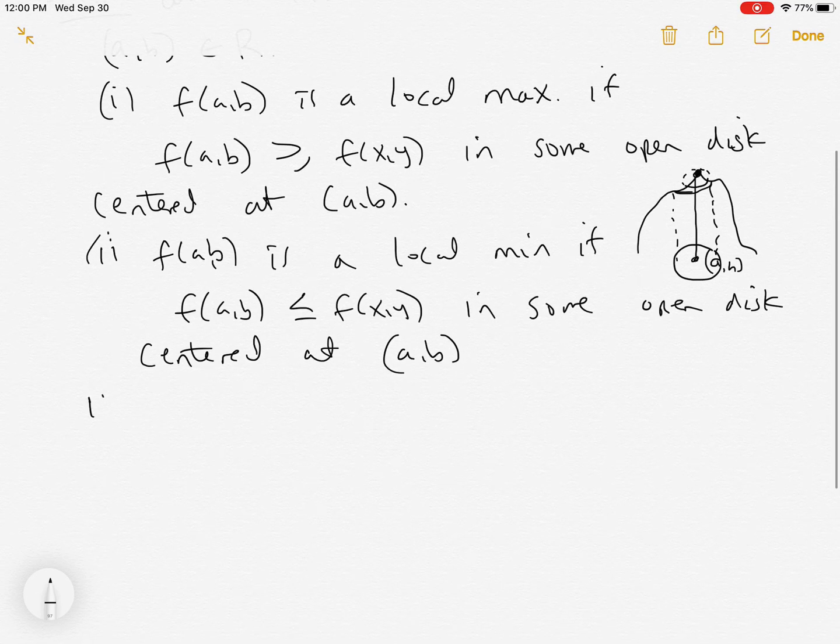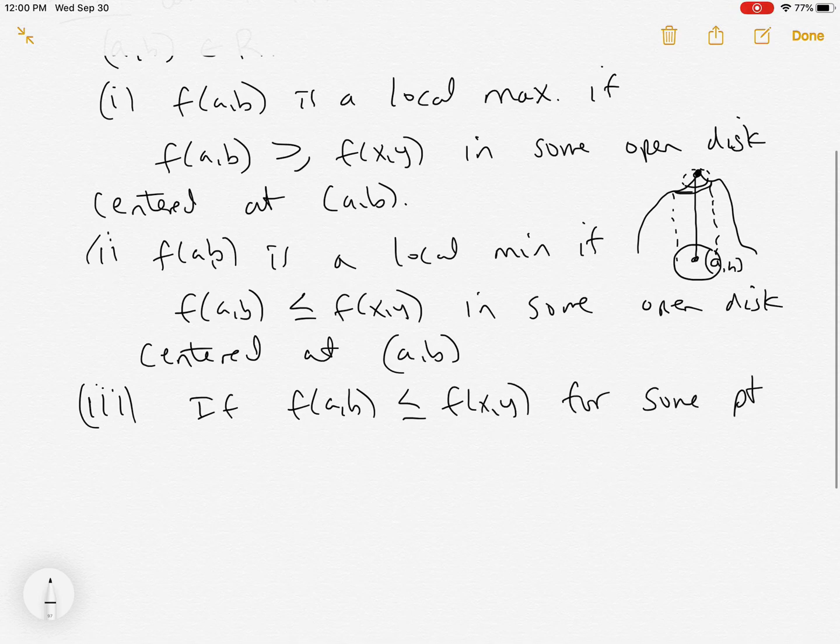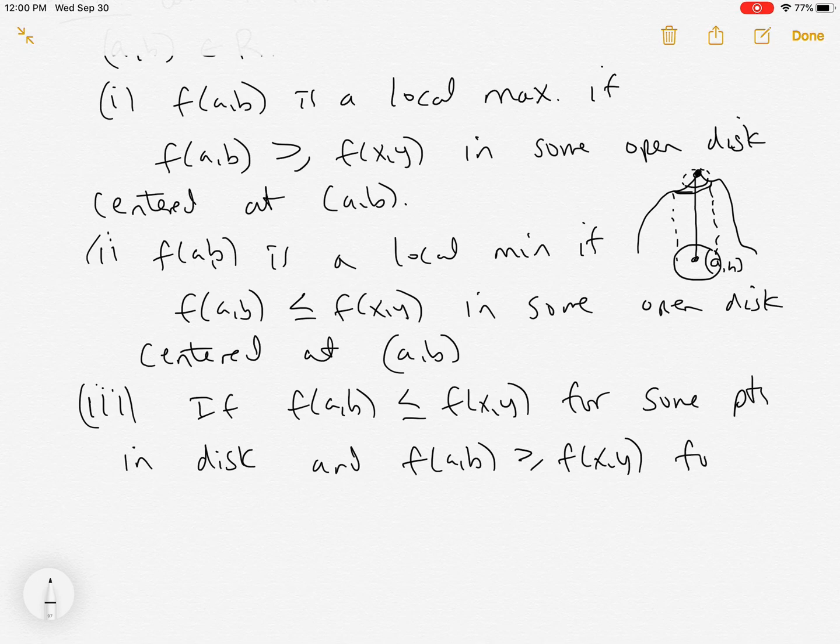And so 3, if f of (a, b) is less than or equal to f of x y for some points in this disk and greater than or equal to f of x y for other points in the disk, then f of (a, b) is a saddle point.